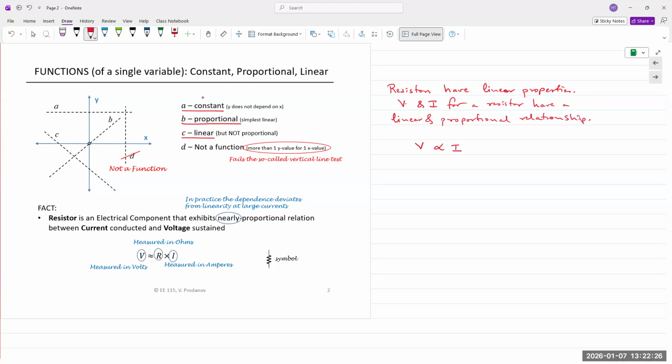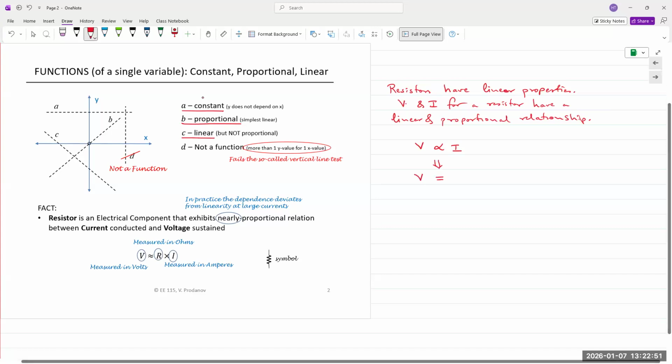I stands for current. So they are linear and they're proportional. Okay. The constant of proportionality for a resistor is the value of the resistor itself. And so from this, we can write an equation which is V equals I times R. V equals I times R. That's the constant of proportionality.